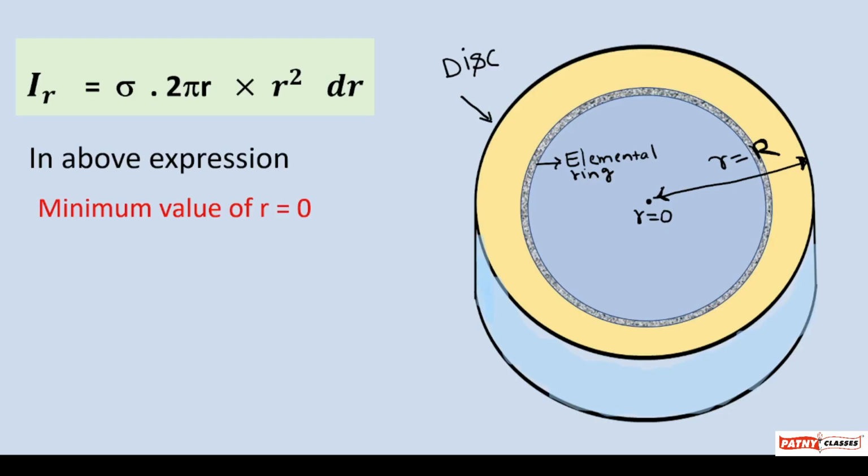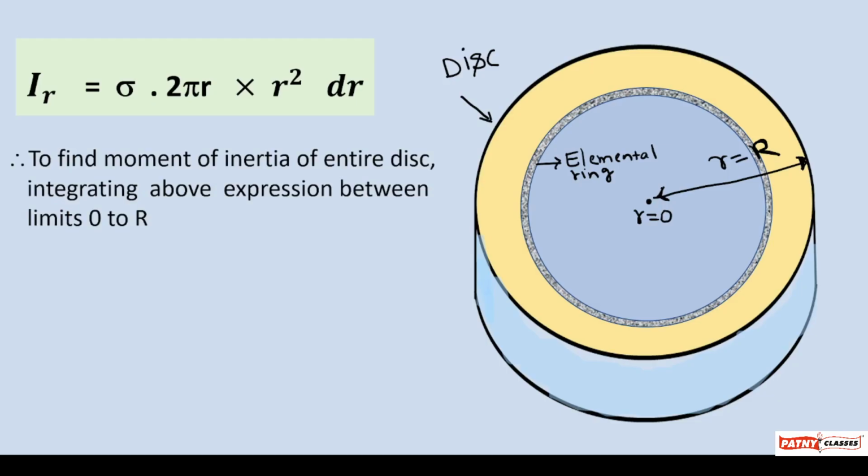Therefore the minimum value of the radius of the ring is r equals 0 and the maximum value of the radius of the ring is r equals capital R. Therefore the radius of the ring varies from 0 to capital R.